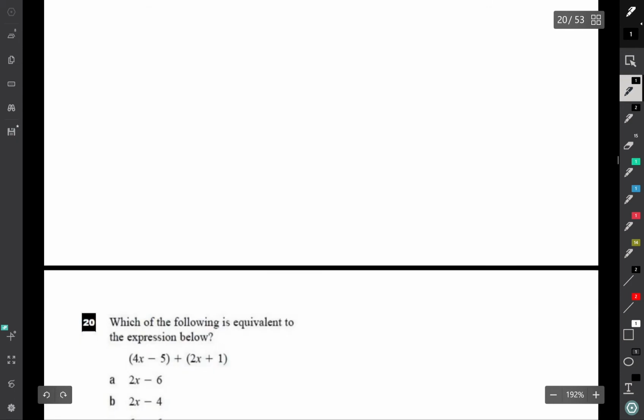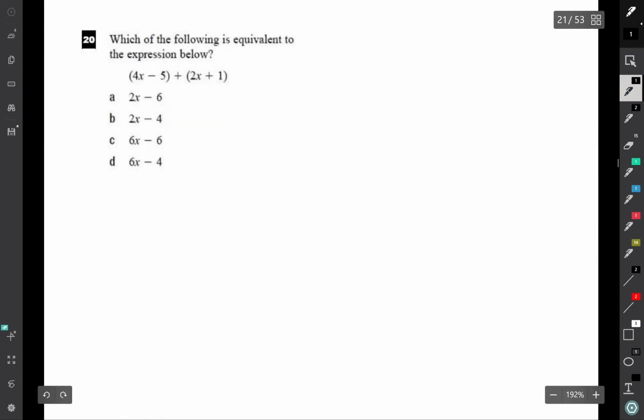All right, let's move on to 20. So simplifying again, okay, but this is really easy because if we look at in front of both of our brackets, there's nothing there. And when there's nothing in front of our brackets, the brackets aren't really necessary.